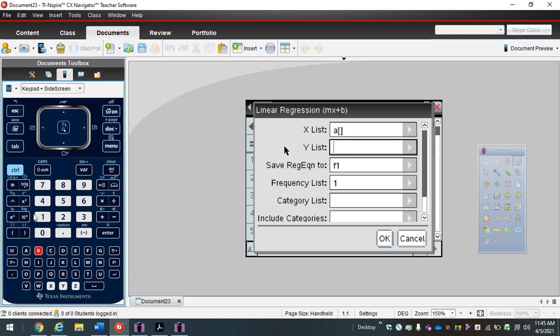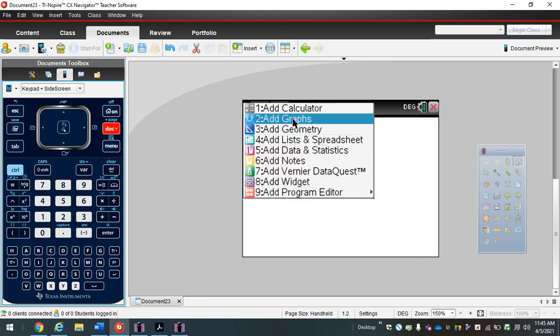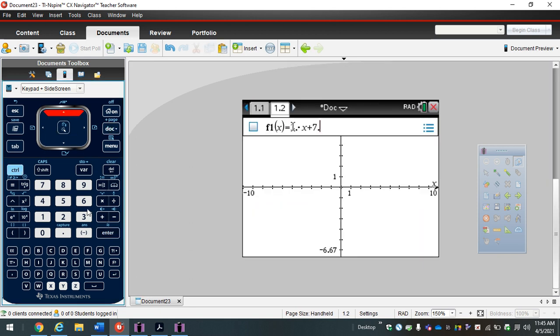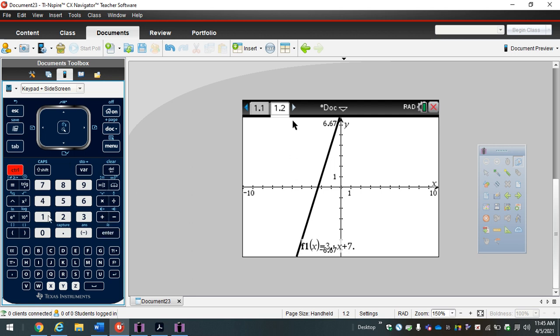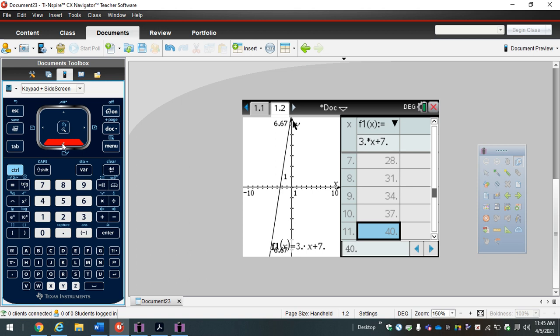I'll type it in, add a graph, press up, enter, Control T. Scroll down to 15. That's it. It didn't even take me a minute. Easy. Going once, going twice.